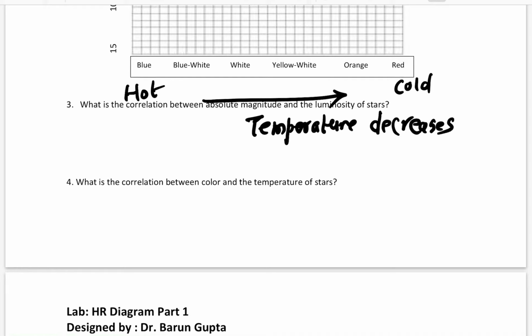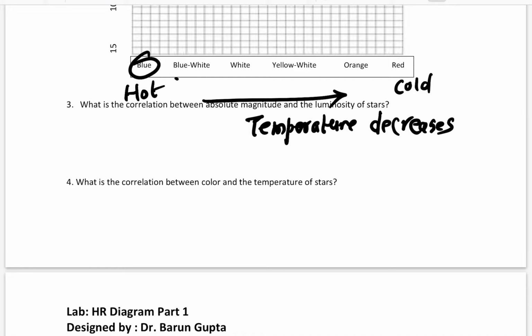The blue color means hot stars. If you look in the night sky, the star which appears more blue has more temperature, and the red stars are cold stars, with a comparatively smaller surface temperature.